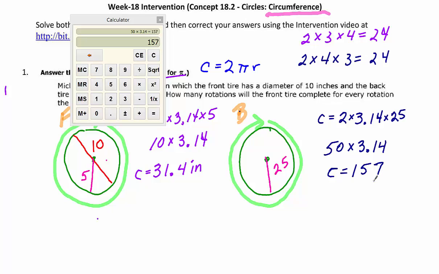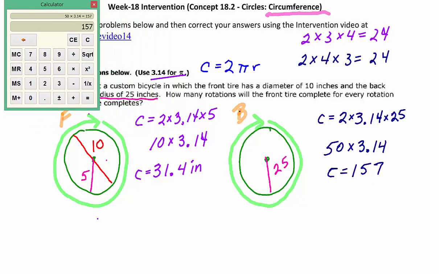So the question is, how many times does 31.4 go into 157? That front tire is going to roll. How much will it roll for each time the back tire goes around? So we want to know the circumference of the back tire, 157, divided by the circumference of the front tire.